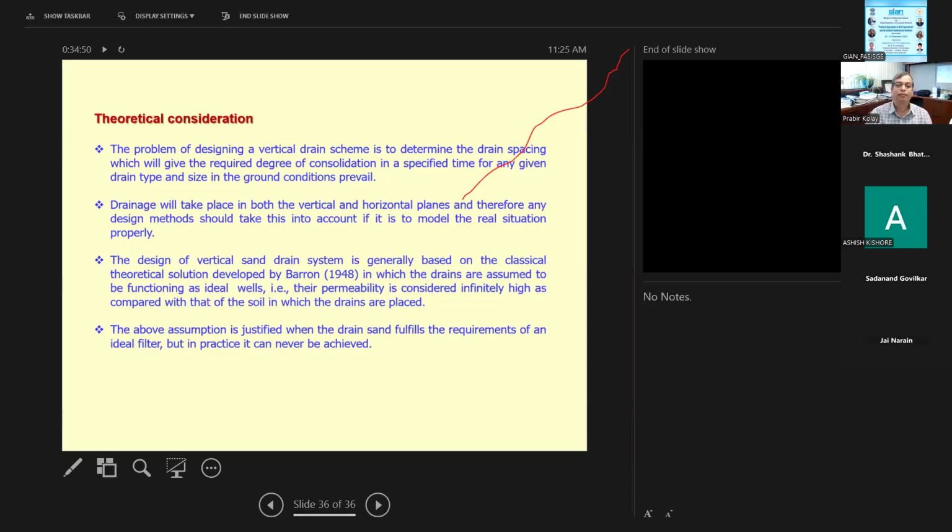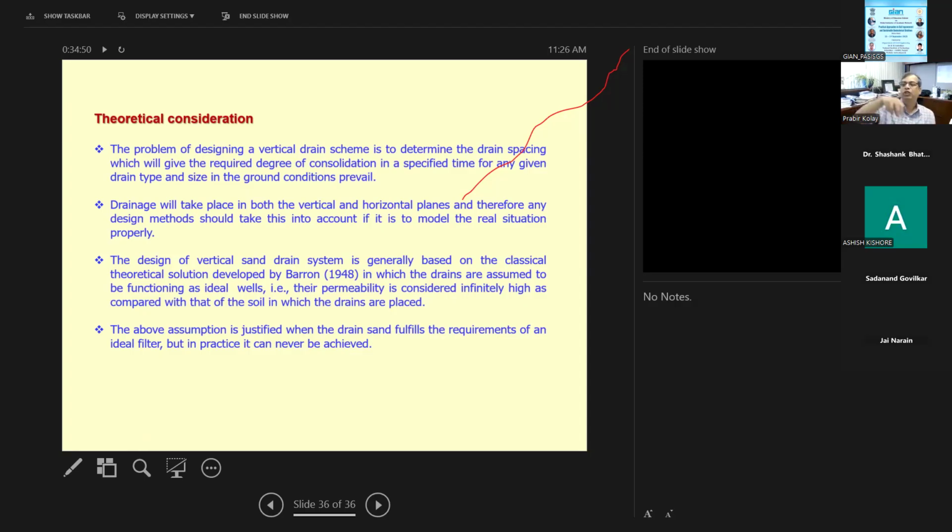And then Barron also gave some equations on this based on the vertical sand drain. So basically, you can use different equations considering the degree of consolidation in the radial direction. And so you can calculate how much will be the consolidation, or degree of consolidation, when you use PVD or when you use sand drain.